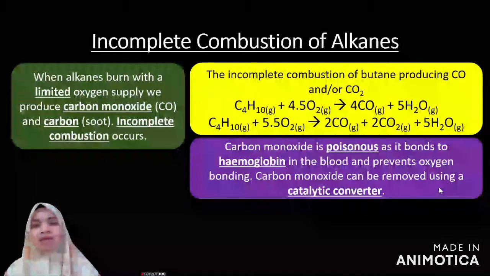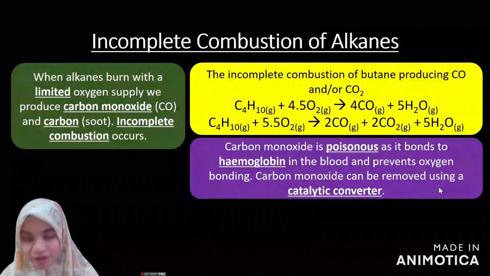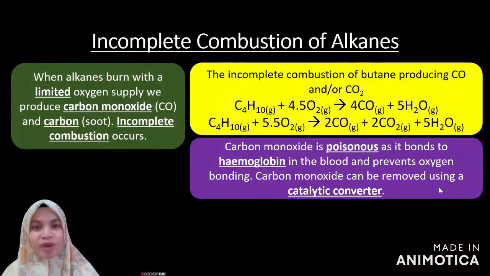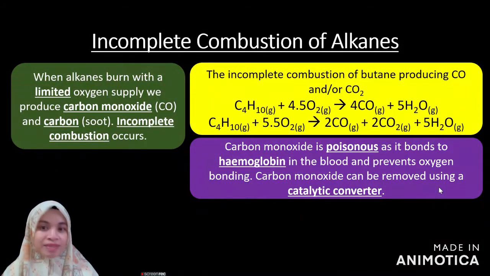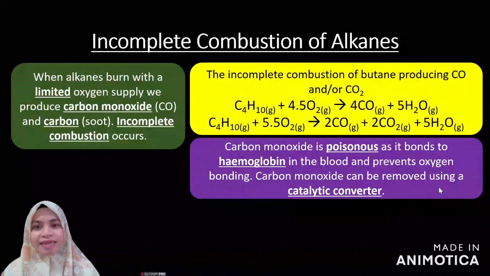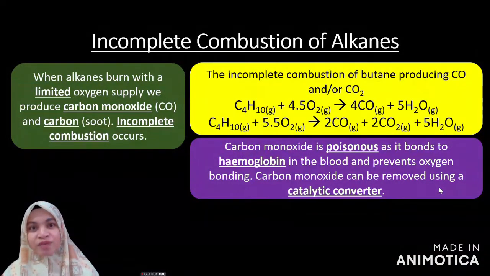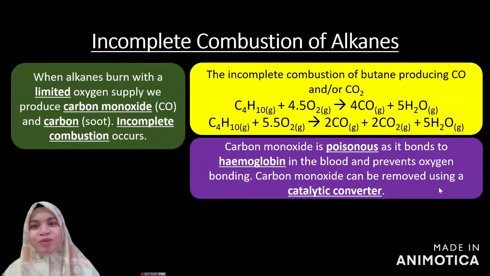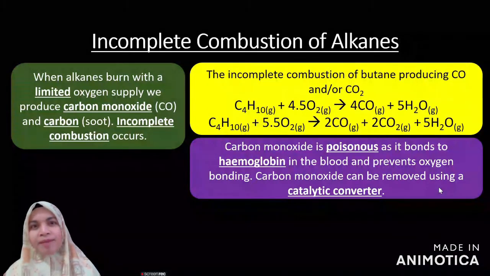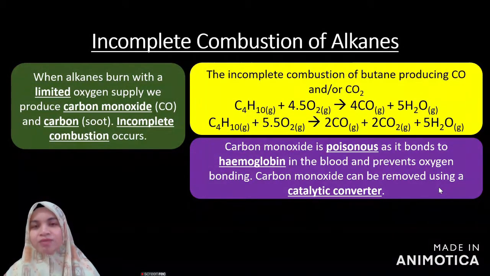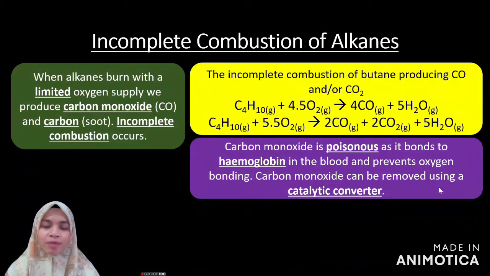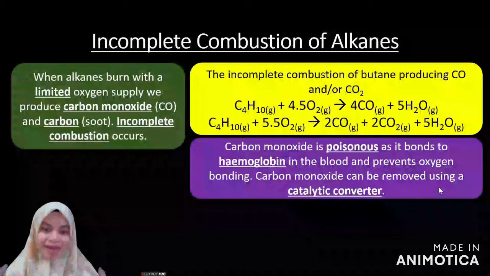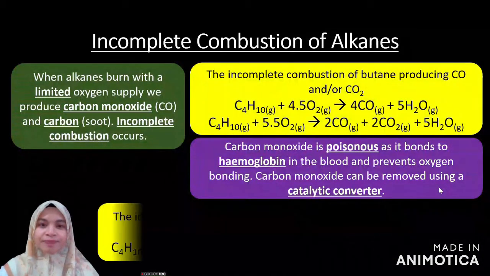So it's very dangerous, and that is why carbon monoxide is poisonous. This carbon monoxide is usually from cars and industry, so it can be removed by using catalytic converters. Most modern cars have these catalytic converters.